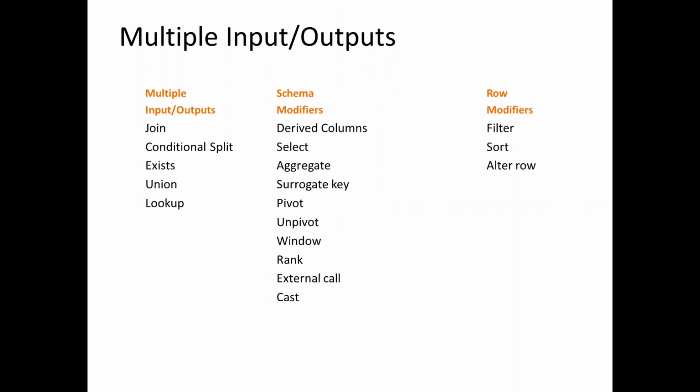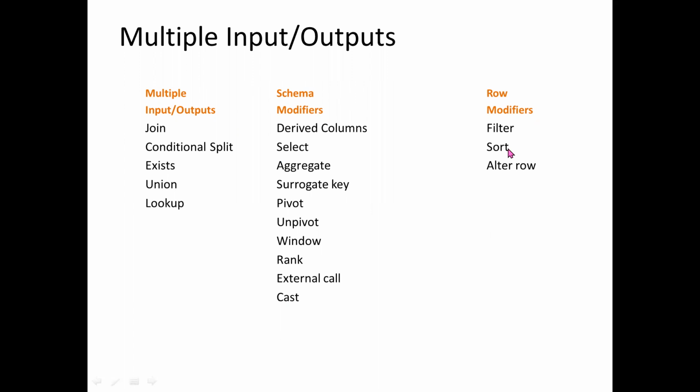The purpose is we can auto-generate keys for each record. So today we will deep dive into pivot, window rank, external call and cast, and also some of the row modifiers.